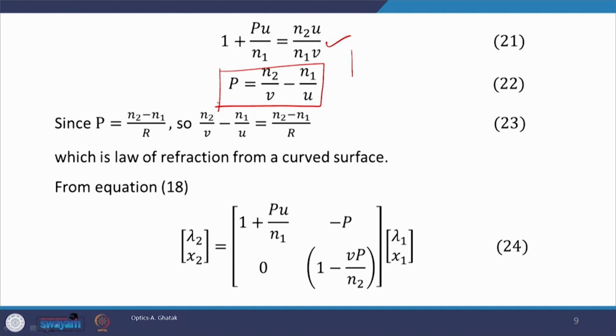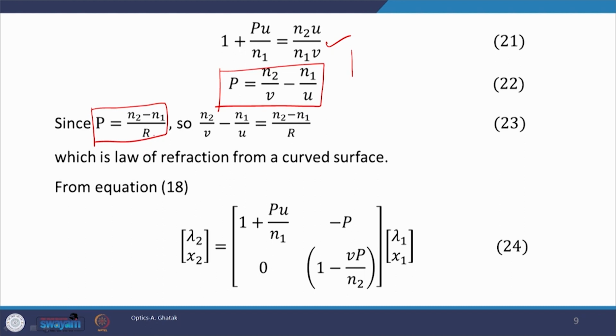But we know that P is equal to N2 minus N1 by R, capital R, where N1 and N2 are refractive indices of the medium 1 and medium 2, the medium which is on the right hand side of the refracting surface and the medium on the left hand side of the refracting surface. Okay. N1 is the refractive index of the medium which is on the left hand side of the refracting surface, and N2 is the refractive index of the medium which is on the right hand side of the refracting surface, and R is the radius of curvature of the refracting surface or curved surface.